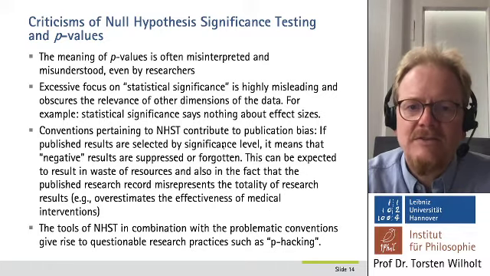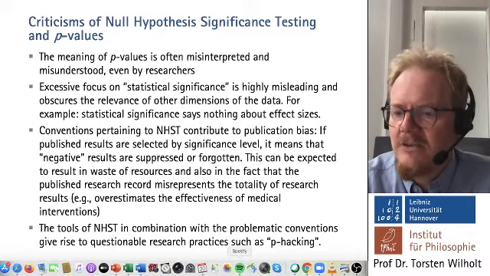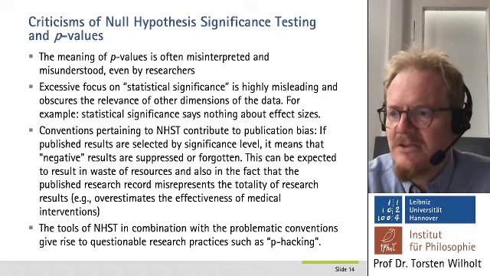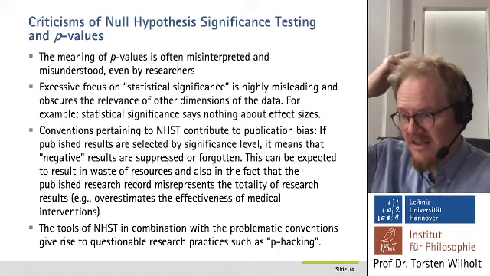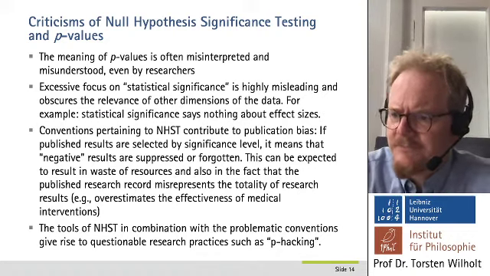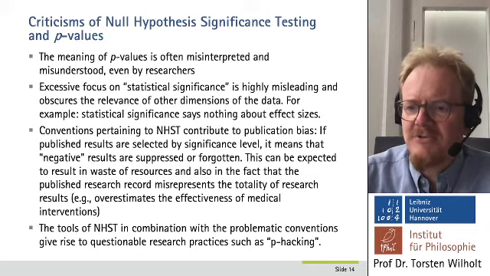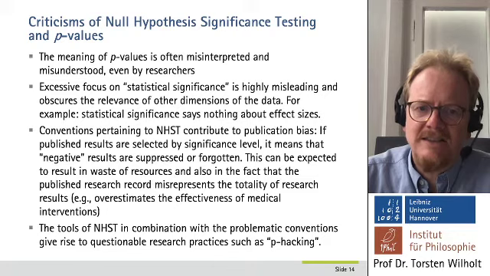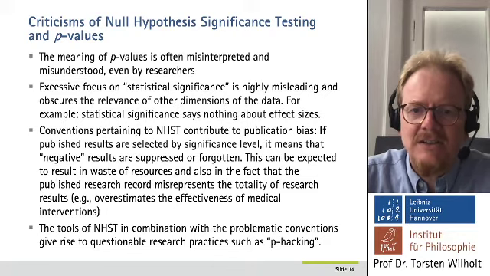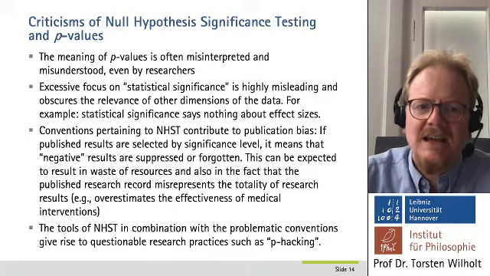And then there's the thing that the conventions pertaining to null hypothesis statistical significance testing contribute to publication bias. So if published results are selected by significance level, it means that negative results are suppressed or forgotten.